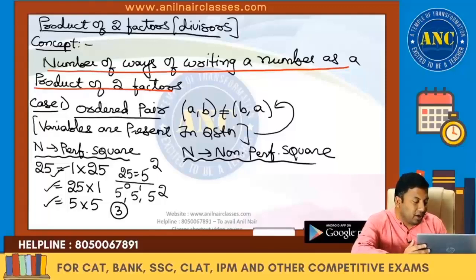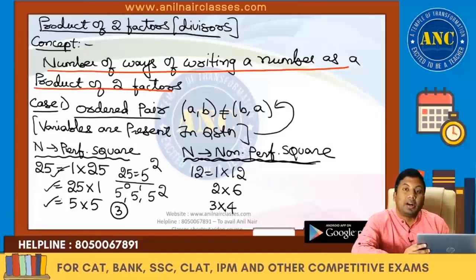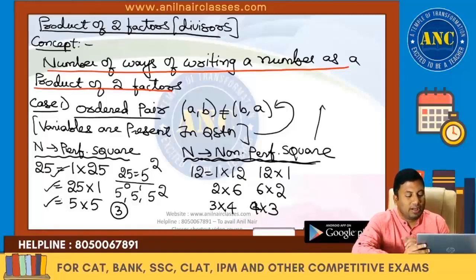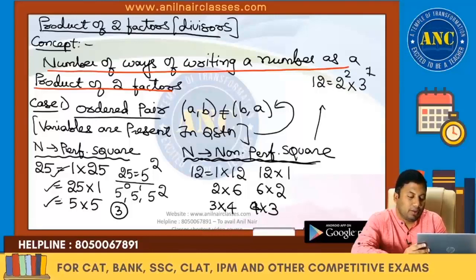Let me take a non-perfect square, 12. 12 is nothing but 1 into 12, 2 into 6, 3 into 4. Because it is an ordered pair, the reverse also matters: 12 into 1, 6 into 2 and 4 into 3. 12 as a power of primes is 2 square into 3 power 1.